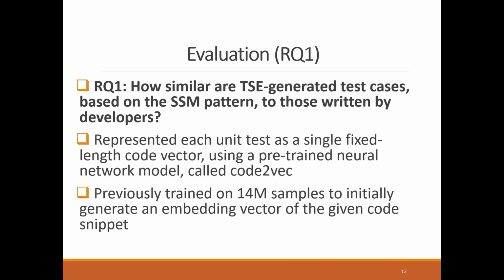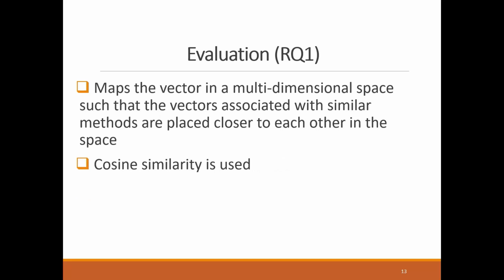So if we have 2 test cases, one generated by TSC and one written by the developers, we generate the embedded vectors and then compare those 2 vectors using cosine similarity. If 2 vectors are closer in space, then they are more similar. If the cosine similarity is closer to 1, the result is good.